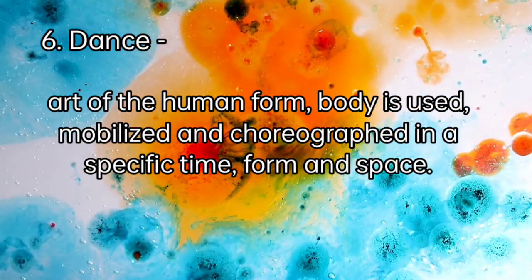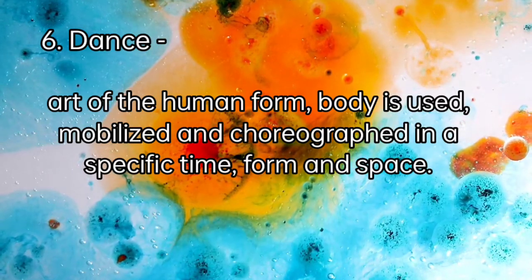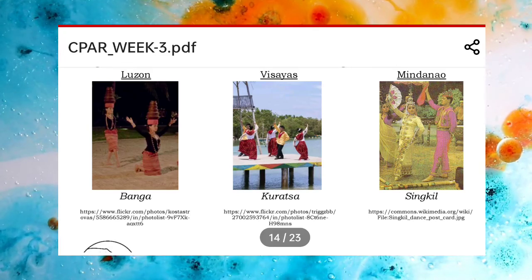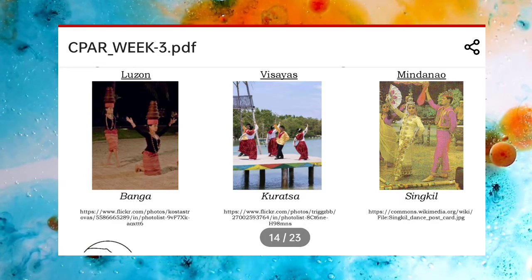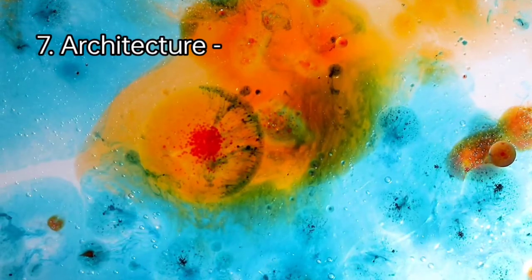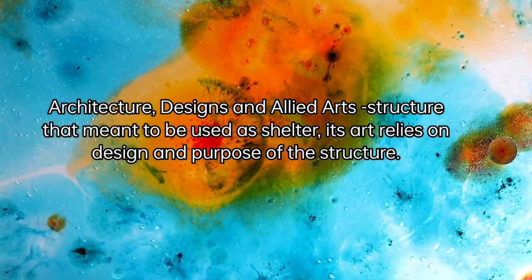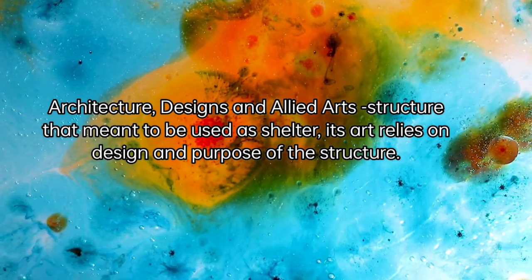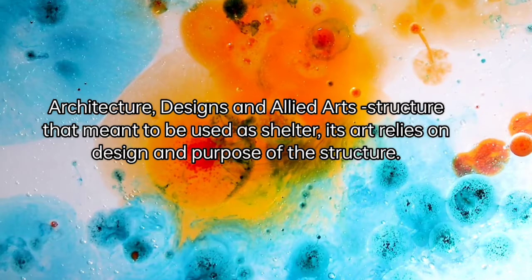The body is used, mobilized, and choreographed in a specific time, form, and space. And here are the examples. These are national dances in Luzon, Visayas, and Mindanao. And the last one is architecture. Architecture is design and allied art of structures meant to be used as a shelter. Its art relies on its design and, of course, its purpose, just like this one.